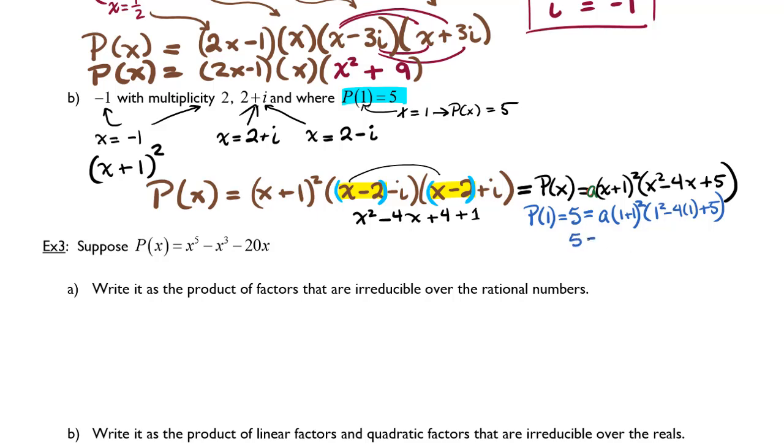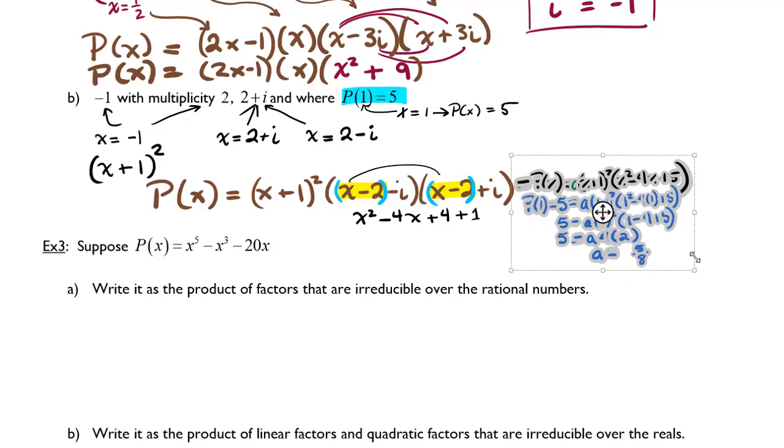So solving for a, I have a times 4 times 1 minus 4, which is negative 3, plus 5 is 2. So if I solve, a is equal to 5 over 8, 5/8.